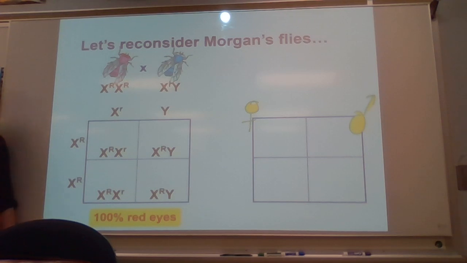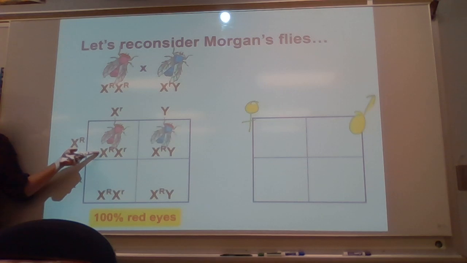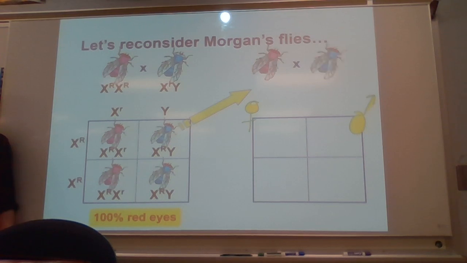Even though they all have red eyes, we want to make that distinction on these sex-linked traits. When we take these parents and cross them in the F2 generation, go ahead and set up that Punnett square.